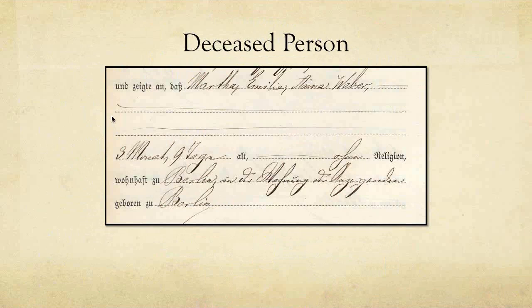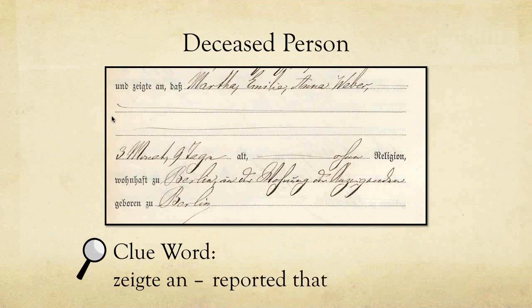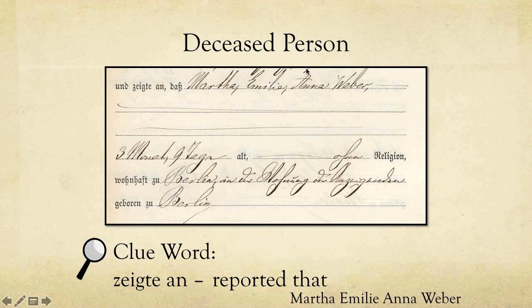So to find the deceased person's name, our clue word that we want to look for is the phrase zeigte an. And what that means is reported that. So it's saying that somebody came, the declarant came and reported that, and then the name will follow. Reported that Martha Amelia Anna Weber died.